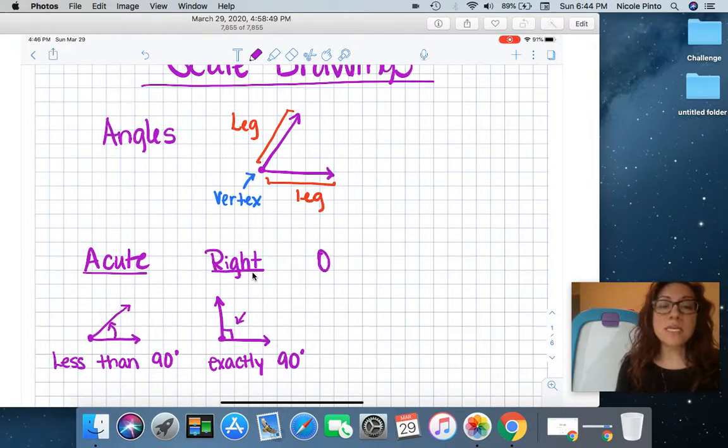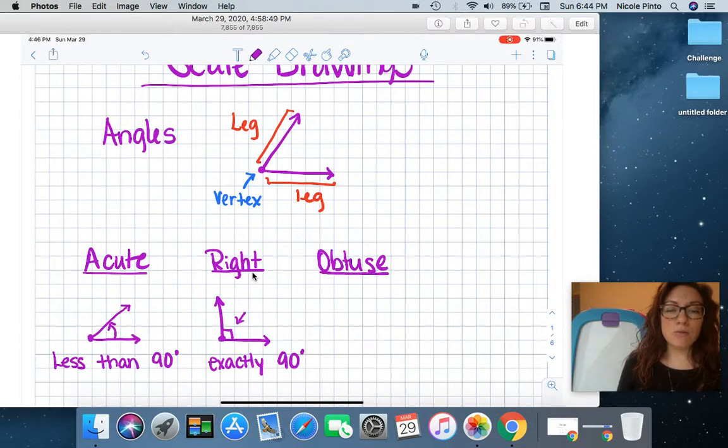Okay. The next way that we can classify an angle is by saying that it is obtuse. Now, what do you think obtuse means? Obtuse. Okay, there's a picture of it right there.